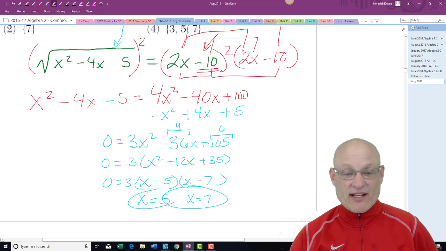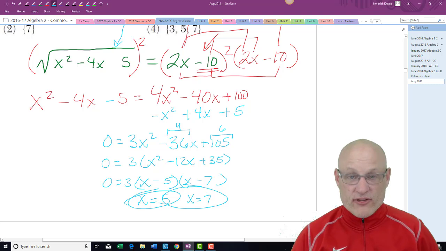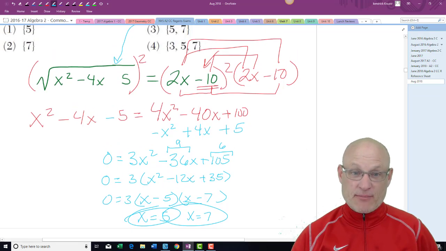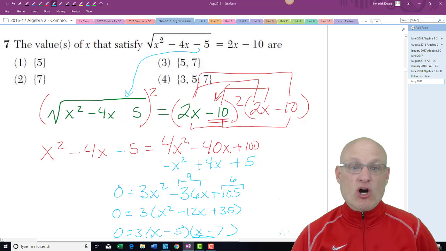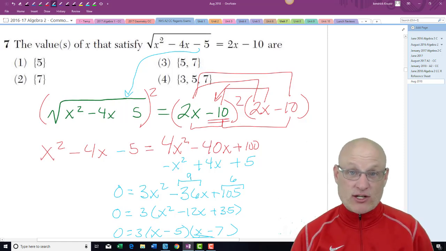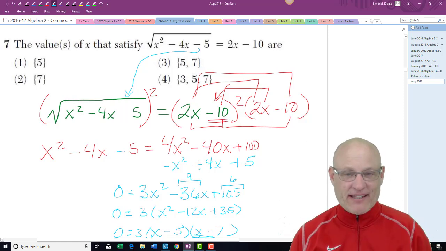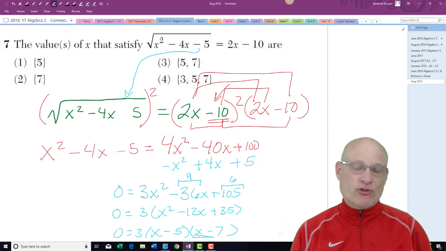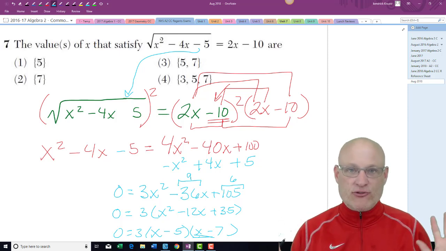Now, having said that, doing all of this work, by the way, which is the mathematical way to do this, that was a monumental waste of time. And the reason it's a monumental waste of time is because when you solve equations with radicals in them, you have to check the answers, because this method oftentimes produces what's called extraneous solutions, bogus answers that don't work.